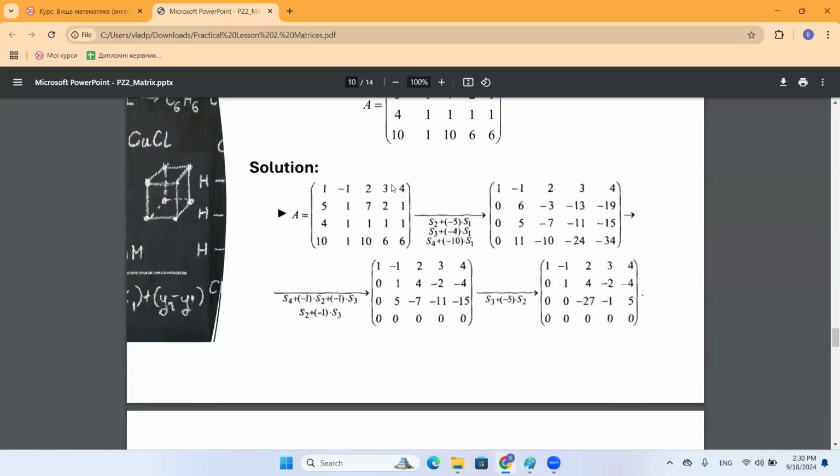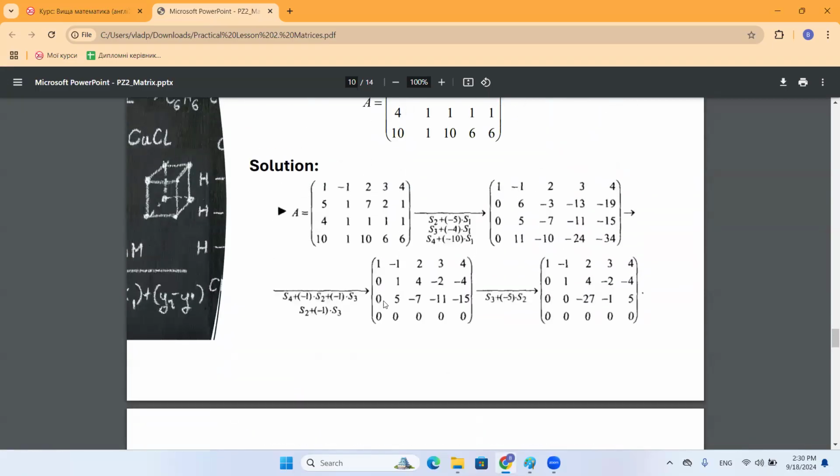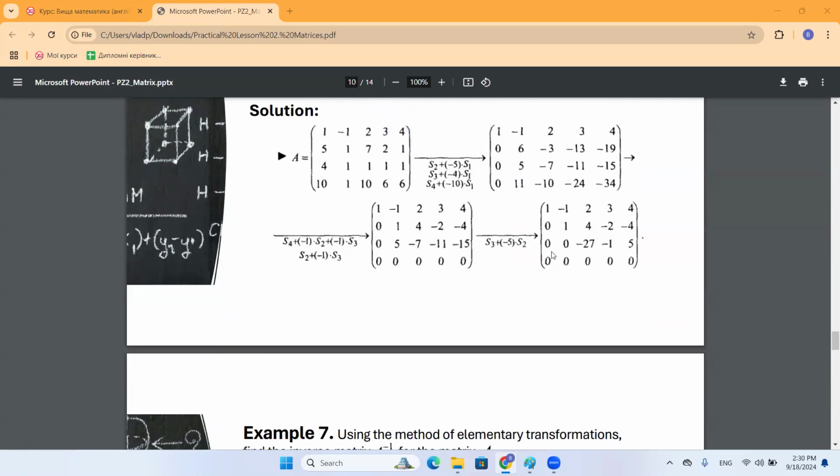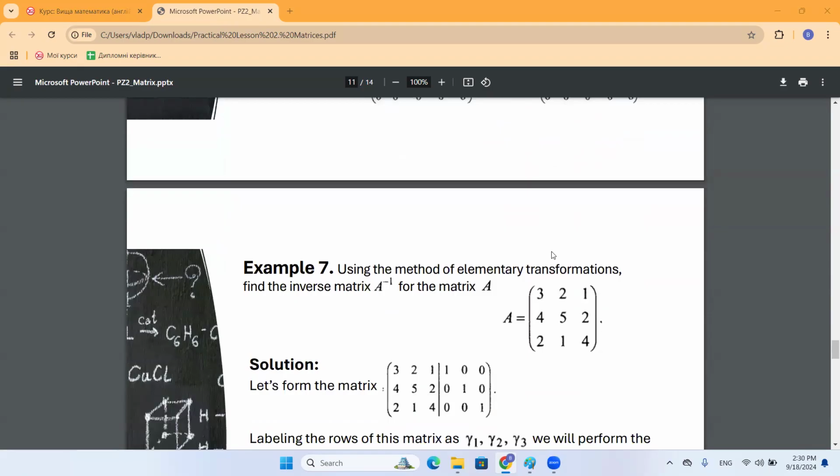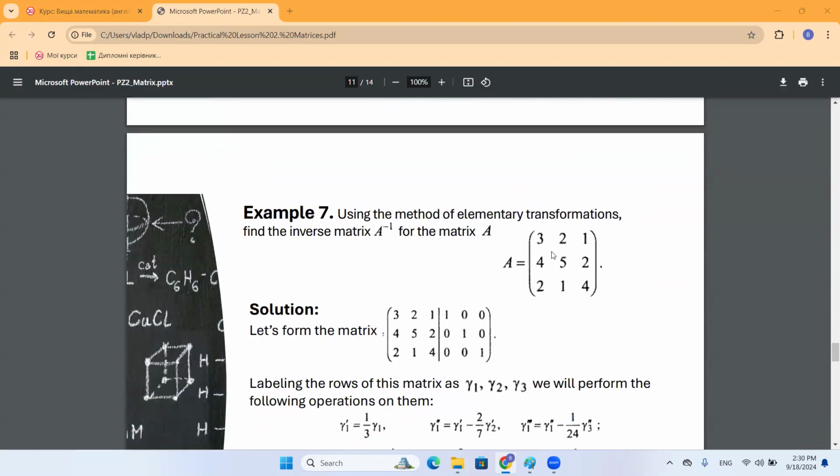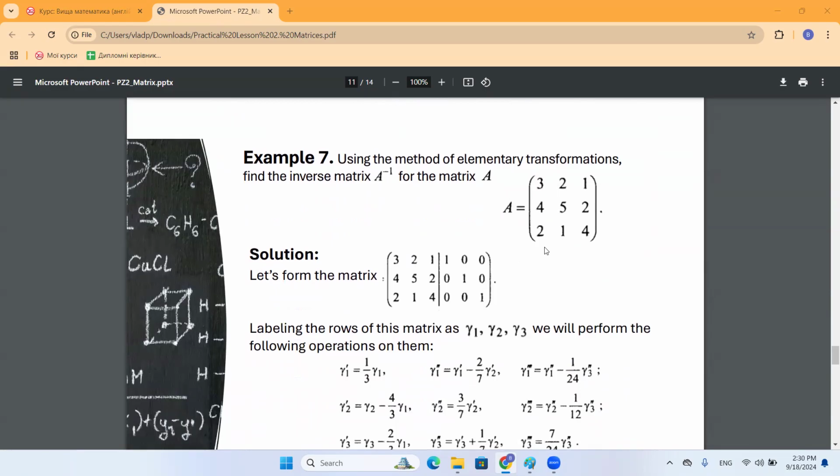Okay, thank you. You are welcome. And our example, the same idea for the solution, it would be good to check it at home. And now we will use the method of elementary transformations to find the inverse matrix.